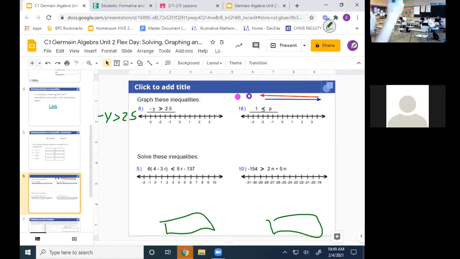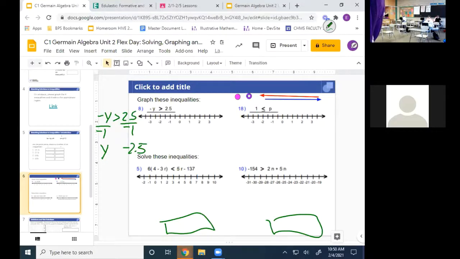If we want to think about it that way, we can. We can also say we want to have a positive y. The way that we do that is divide by negative 1 on each side to get a positive y. Negative 2.5 is going to be, which direction is my symbol going to go now?